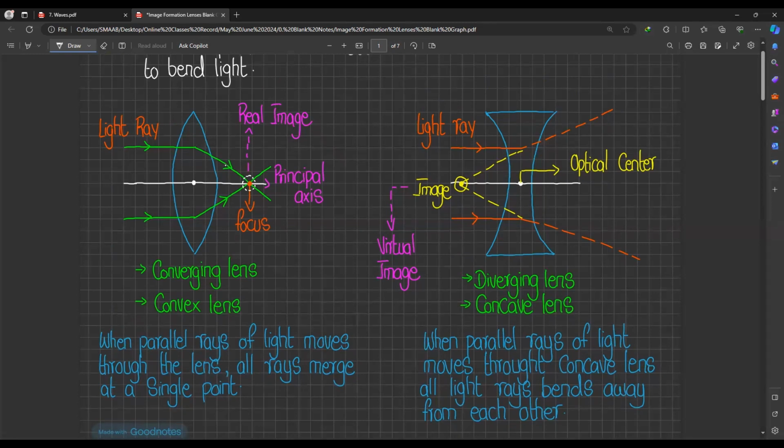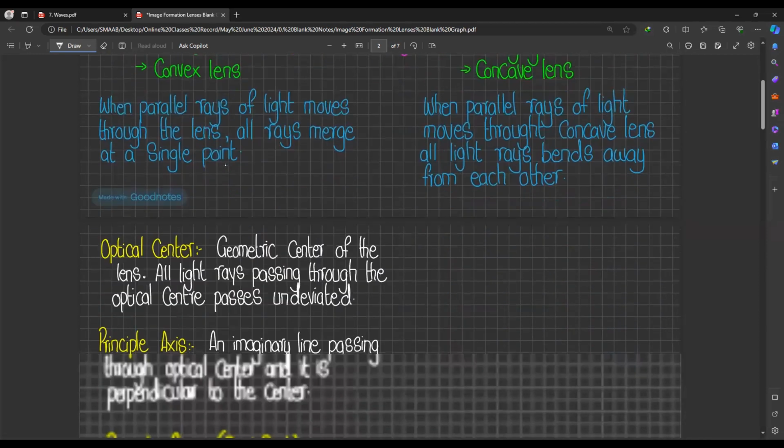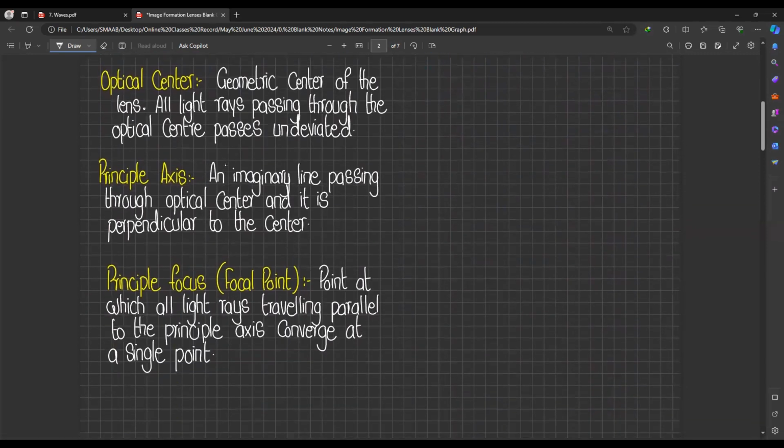In 90% of your past papers, you will get a straight line, because it is easy to mark on paper, and not all students are able to draw an exact curve for a convex or concave lens.